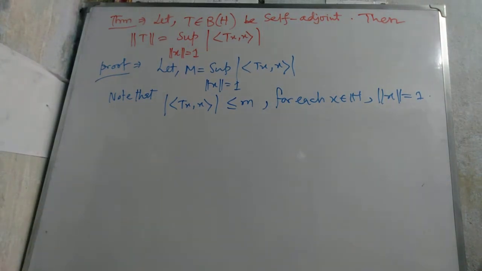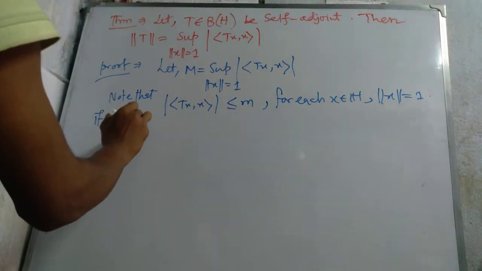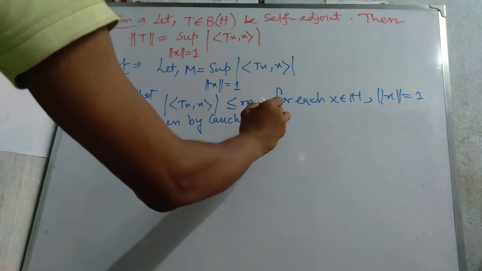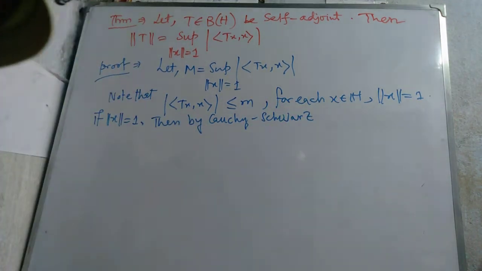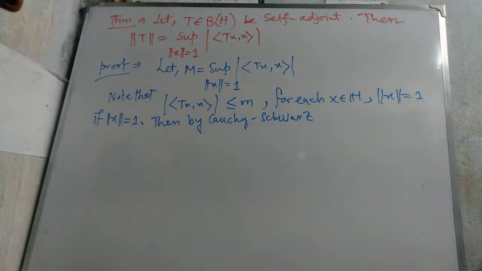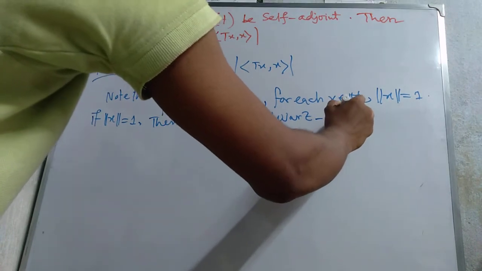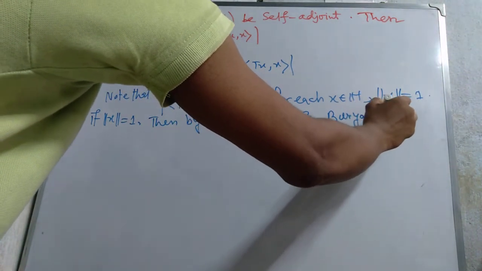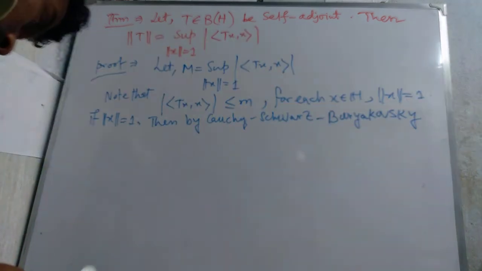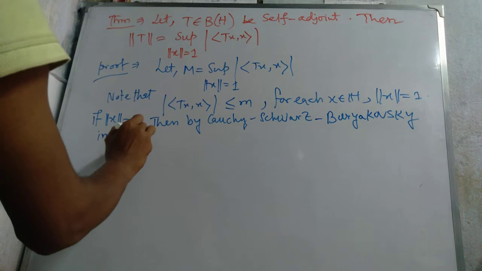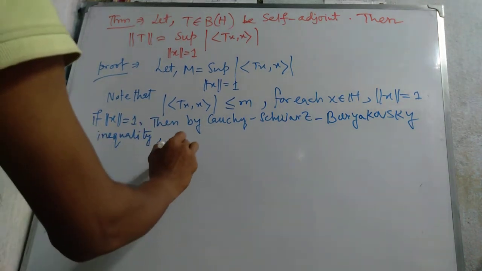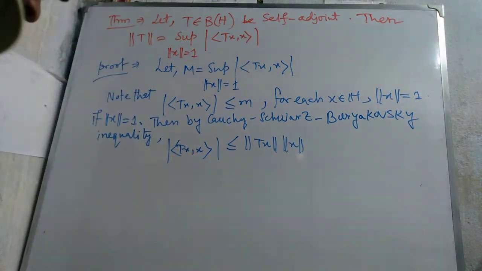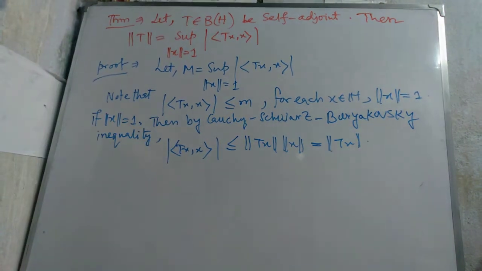Then if norm of x equals 1, by the Cauchy-Schwarz inequality, norm of Tx is less than or equal to norm of T times norm of x, which equals norm of T since norm of x equals 1.